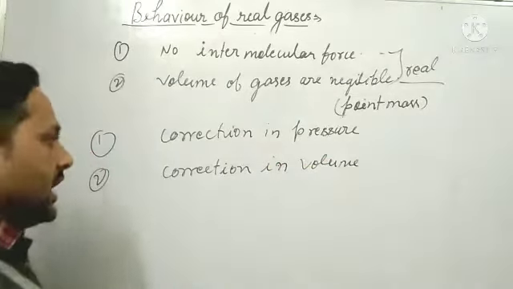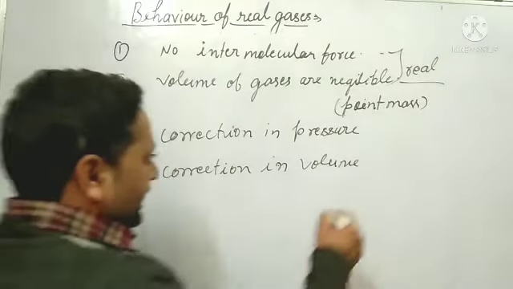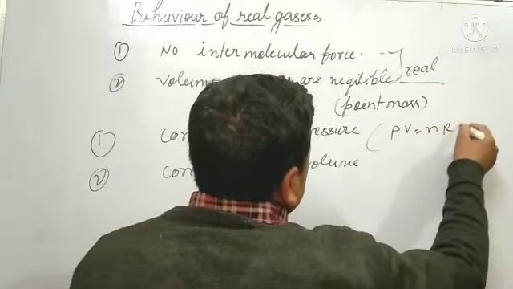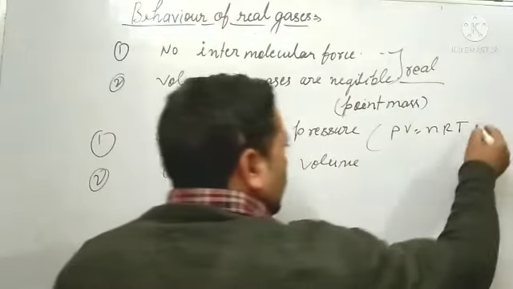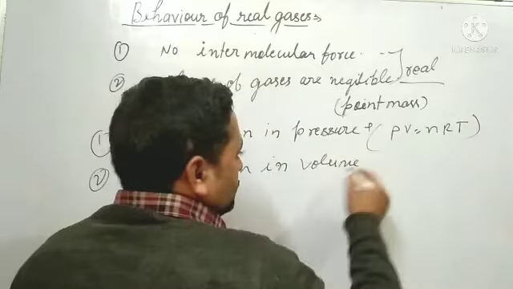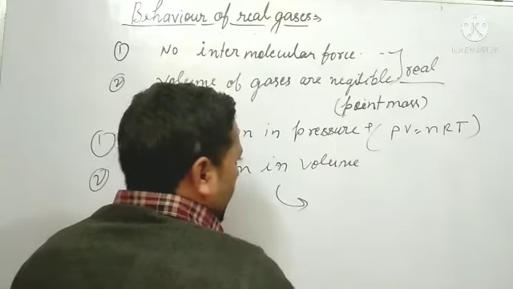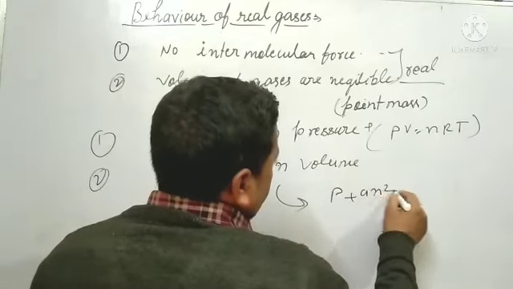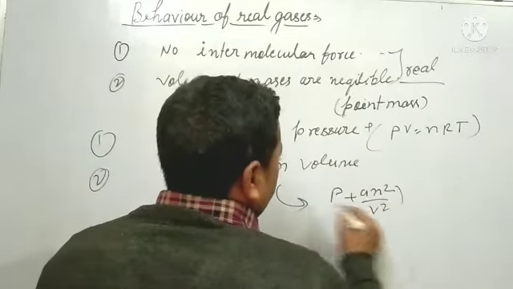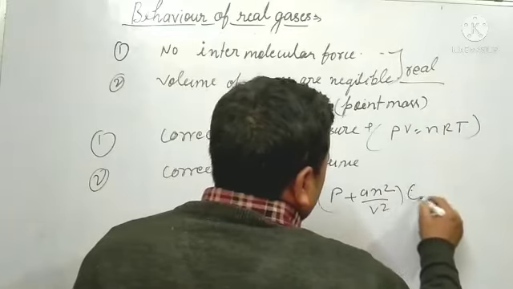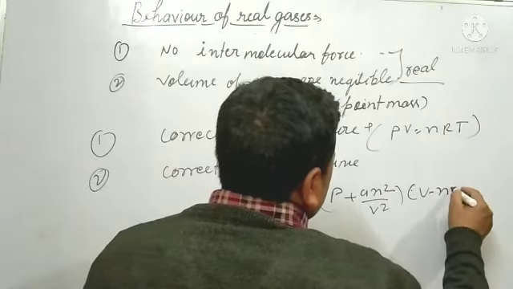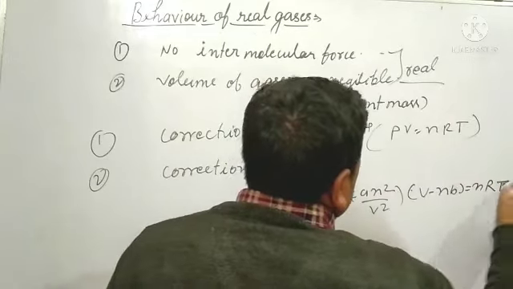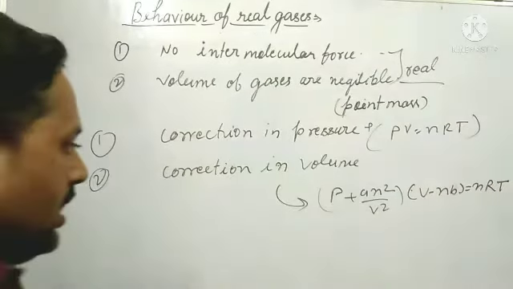If we make these two corrections in the ideal gas equation PV = nRT, we get another equation: (P + an²/V²)(V − nb) = nRT.